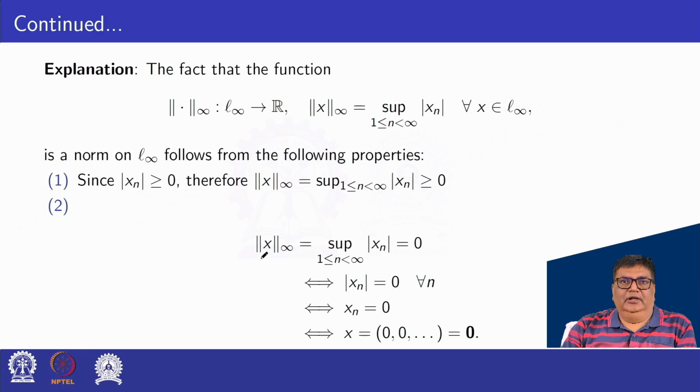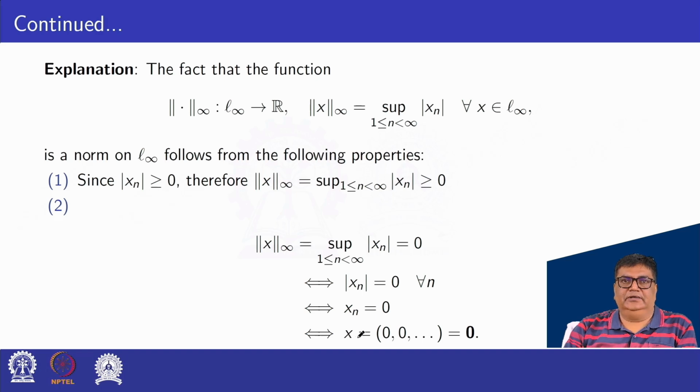Second condition, norm x equal to the supremum of mod xn equal to 0 if and only if mod xn equal to 0 for all n. So here the modulus value, xn is equal to 0 for all n, that is each term is 0.